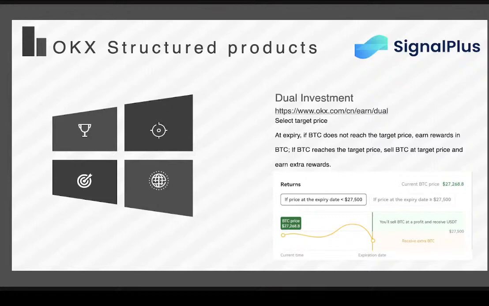However, if BTC reaches the target price, the user's BTC will be automatically sold at the target price, and he will still earn some extra rewards. Behind the scenes, all of these structured products are composed of options, which is also something a normal trader can do in the options markets.